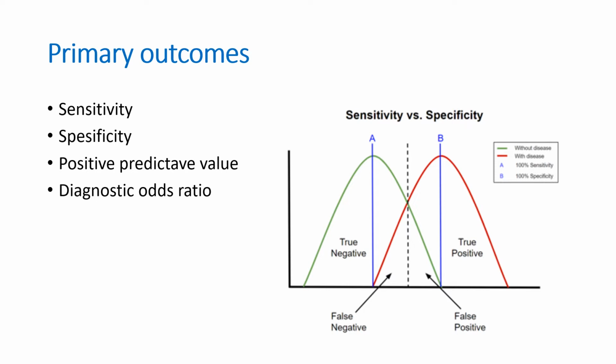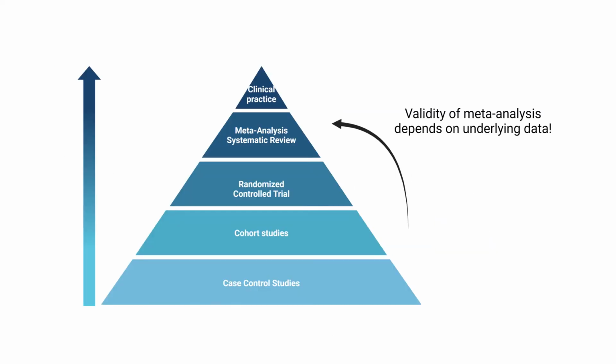It is good to view them as in this figure, where you will have true negative tests, true positive tests, also false negative and false positive, and then you have to tweak your sensitivity and specificity to get the best diagnostic odds ratio.